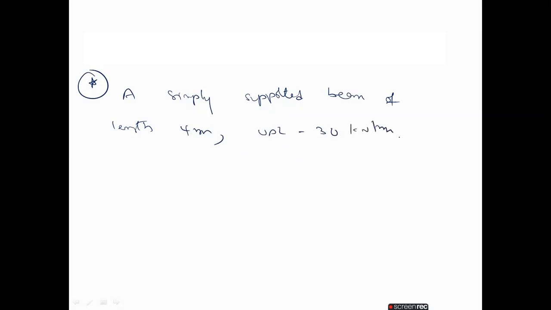The problem is a simply supported beam. A simply supported beam of length 4 meters, subjected to a uniformly distributed load of 30 kilonewton per meter over the whole span, deflects 15 mm at the center.